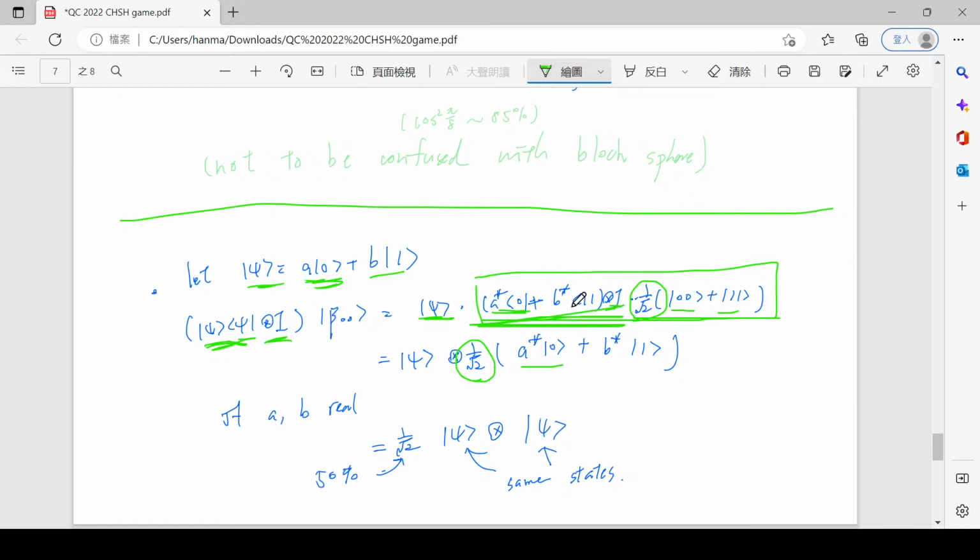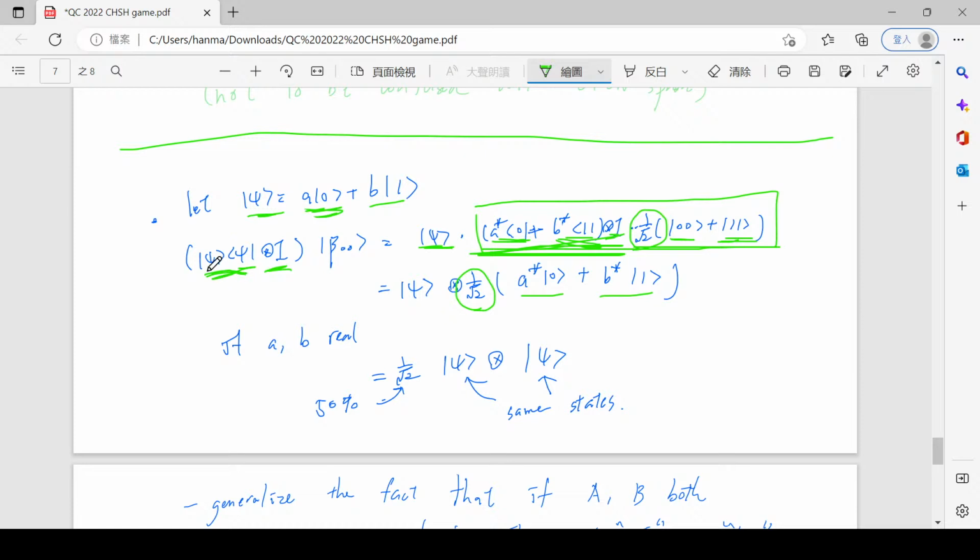Similarly, B star bra 1 on ket 00 will give you nothing because 1 and 0 are orthogonal, and on ket 11 it gives you B star ket 1. Okay, and so we are in this nice form.